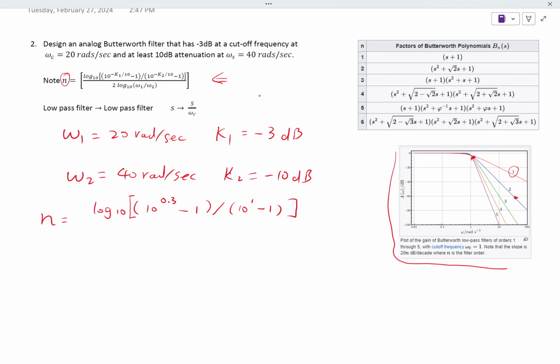That's the numerator, and the denominator is 2 log 10 omega 1 over omega 2, which is 20 over 40, and that's it. That's for the n.